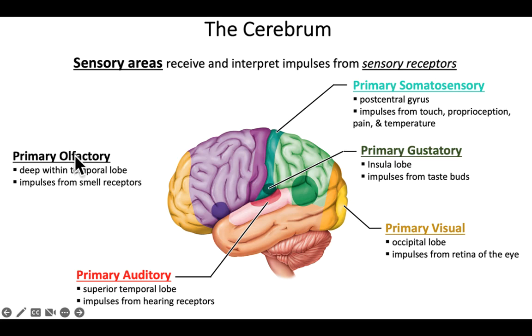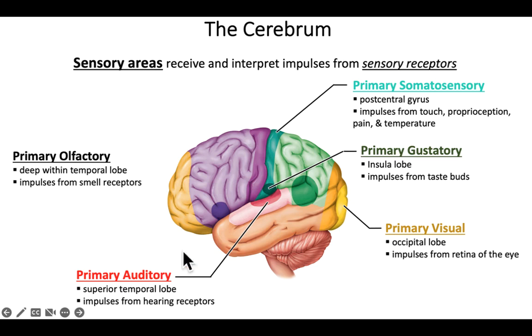For this one, we're not going to identify it because it's kind of deep in the temporal lobe, so you don't really see it from the surface here. But your primary olfactory receives impulses from your olfactory epithelium in your nasal cavity, and that's in charge of your smell. All right, so temporal lobe, olfactory, smell.